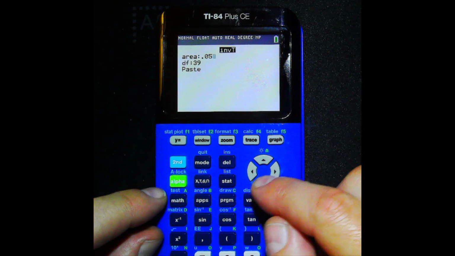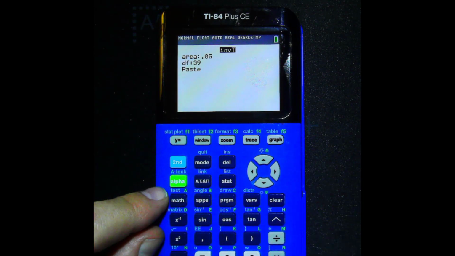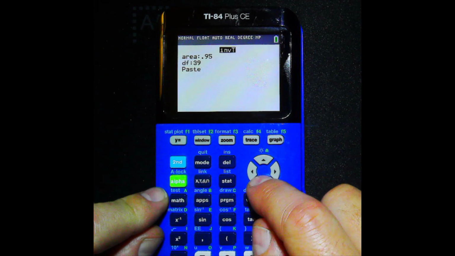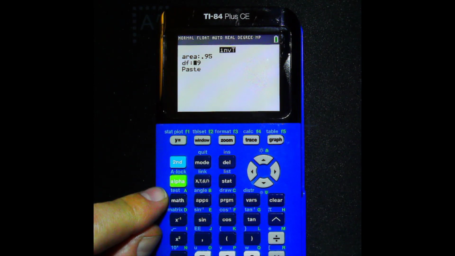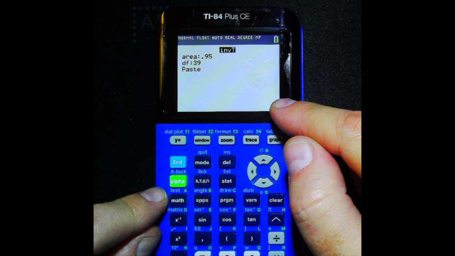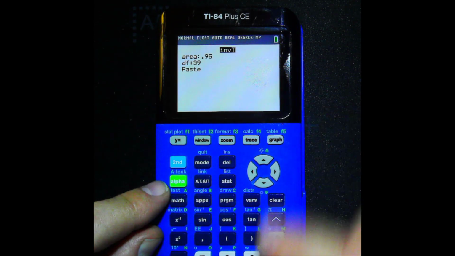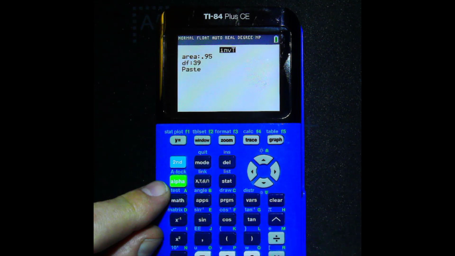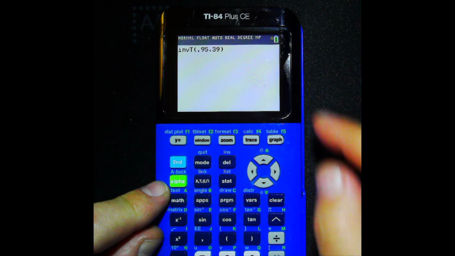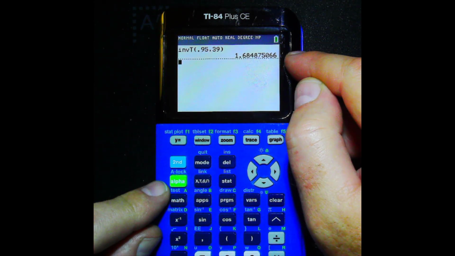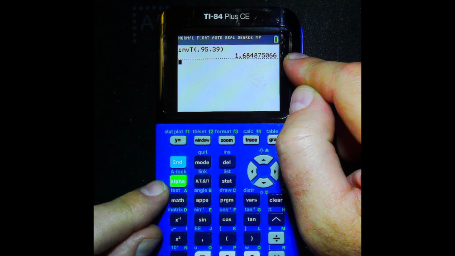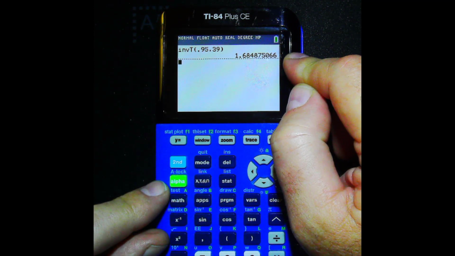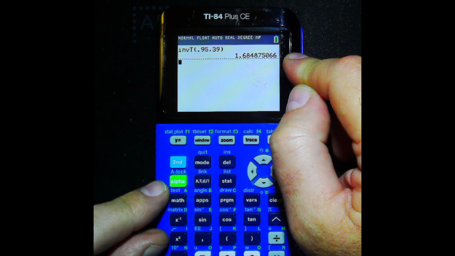If we want to get a positive value, we should use 0.95, leaving 5% on the right tail. The sample size was 40, so the degrees of freedom is 39. This will give us the critical t-score of 1.685, rounding it to 3 decimal places.